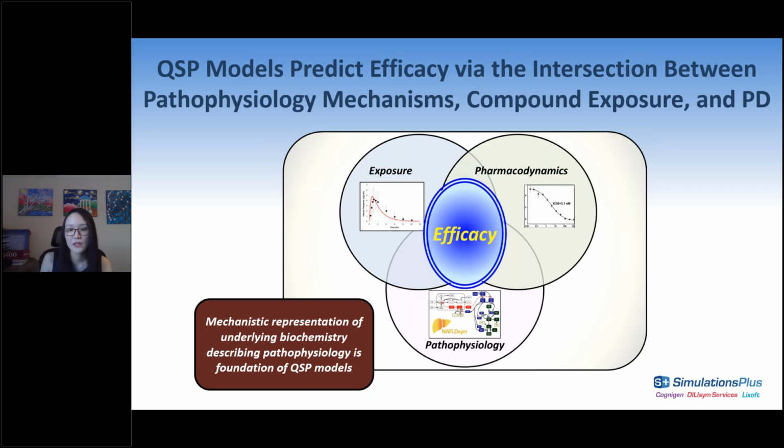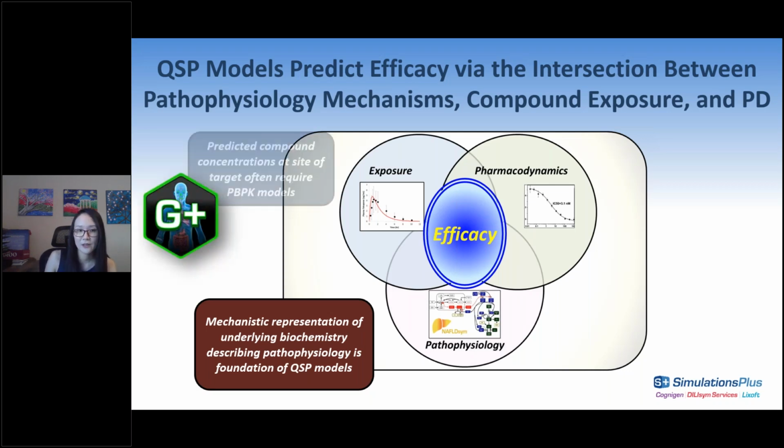Within this QSP platform, we also have simulated populations, or simulated patients, with variability in these pathophysiological processes, as well as disease state, severity and progression. The platform allows users to predict efficacy at the population level with the population variability in responses. You will hear from Scott Siler about our SimPops development and use in a later section today.